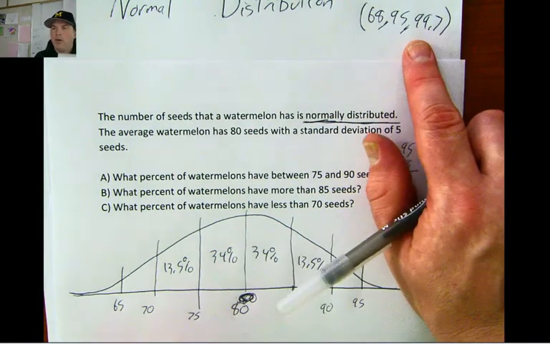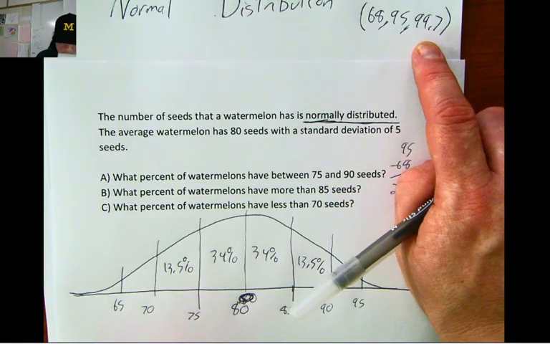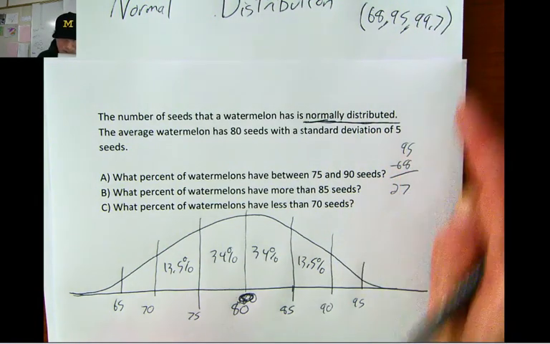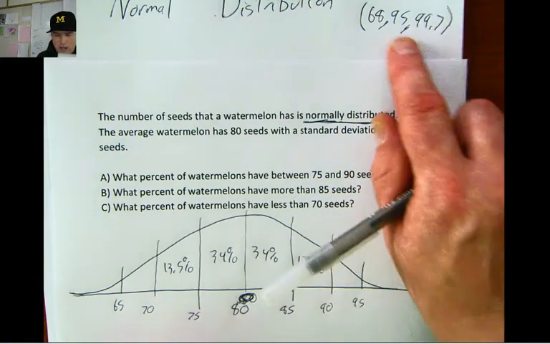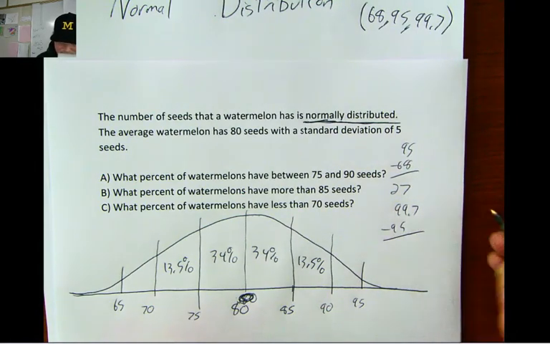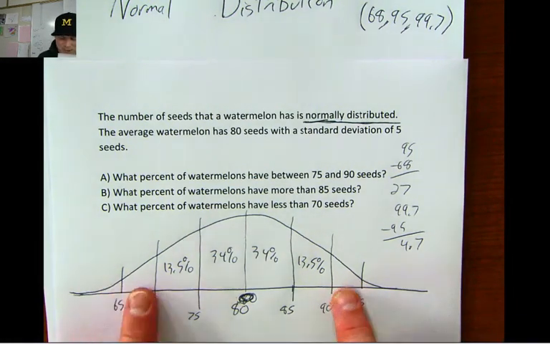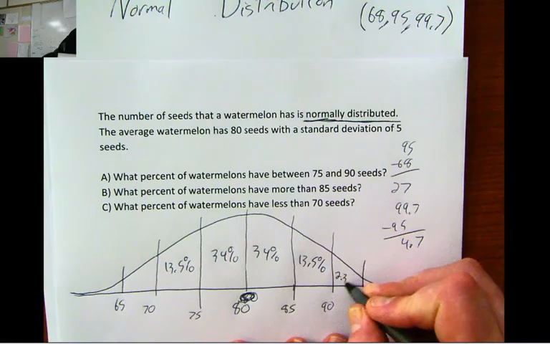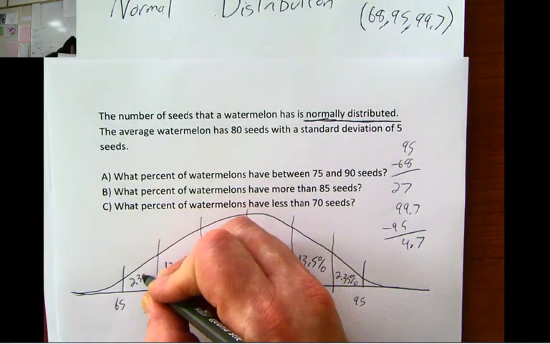And then within 3 standard deviations is 99.7% of the data. And let's see, so far we've accounted for 95, and 99.7 minus 95 is 4.7. So 4.7% of the data gets split up amongst these two, which would be 2.35% and 2.35%.